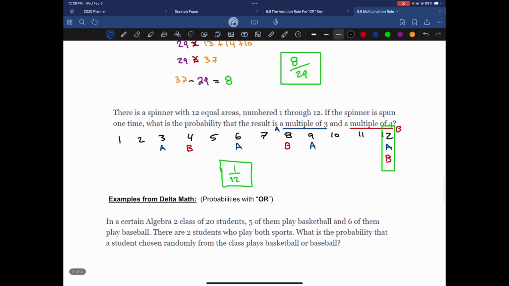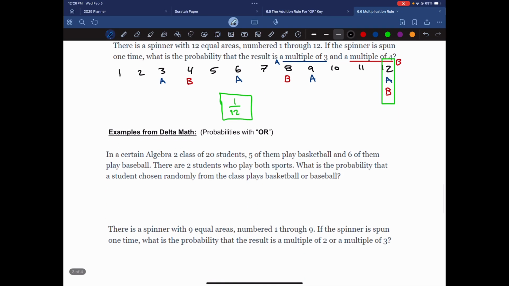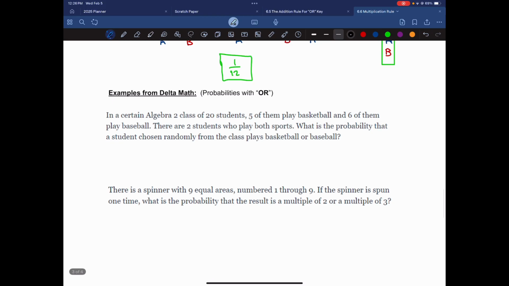Okay, so the next example says in a certain Algebra 2 class of 20 students, 5 of them play basketball and 6 of them play baseball. There are 2 students who play both sports. What is the probability that a student chosen randomly from a class plays basketball or baseball? Okay, so we're not doing an and problem anymore.